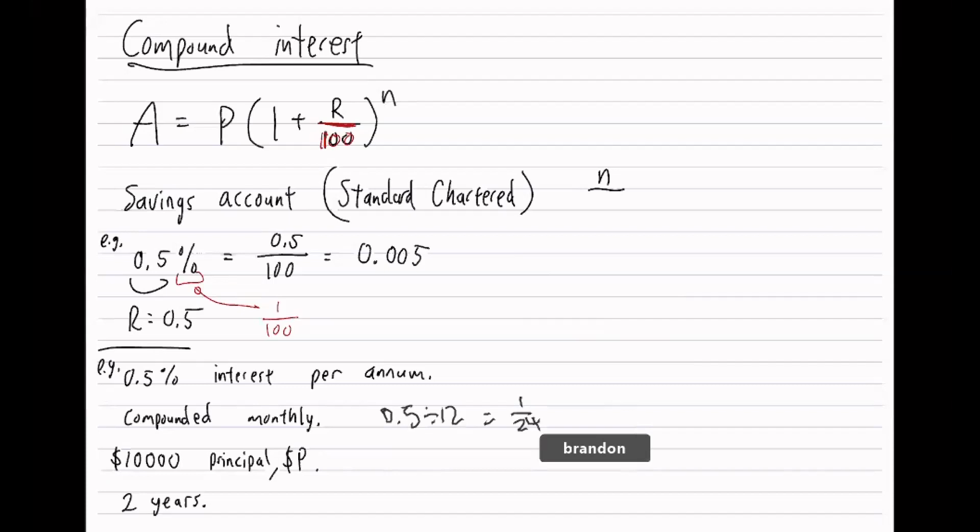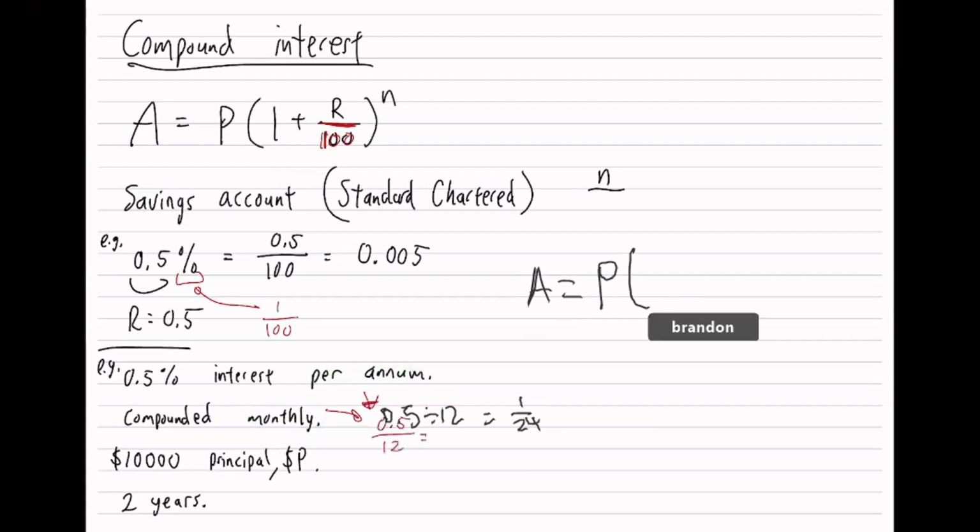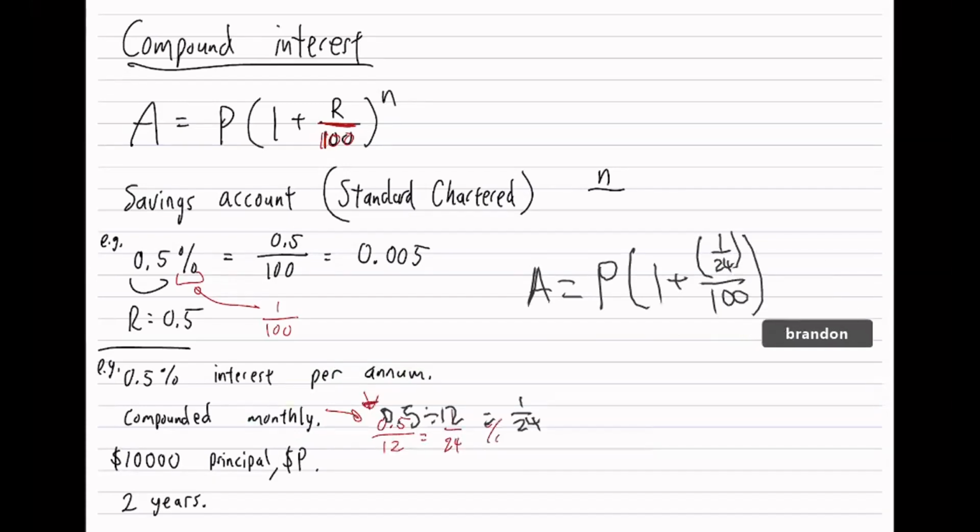Yes, correct. Because this is compounded monthly, but here is per year, you need to scale it. So per month, what is the percentage? It's actually 0.5 divided by 12, which is even smaller, 1 over 24%. How much is that?